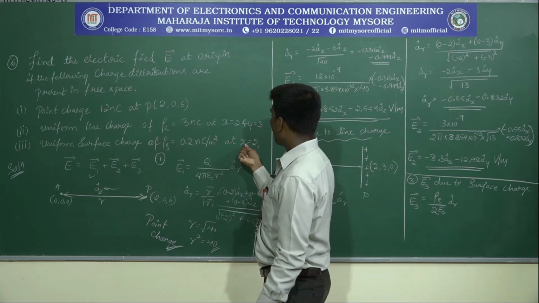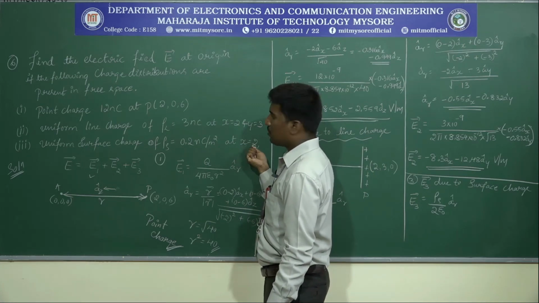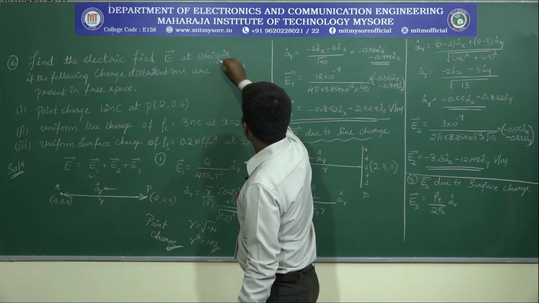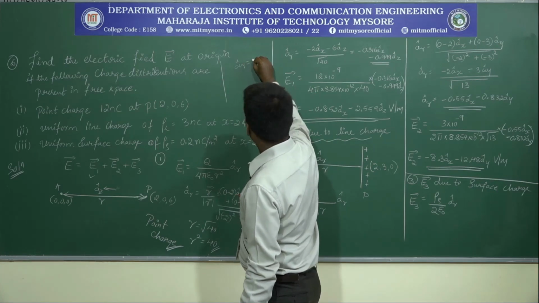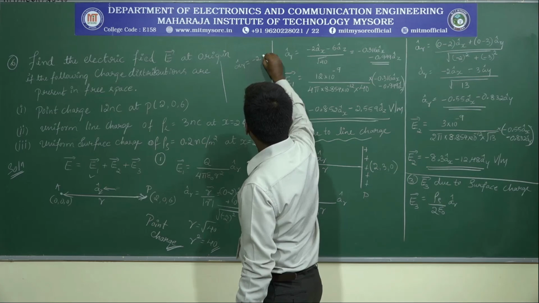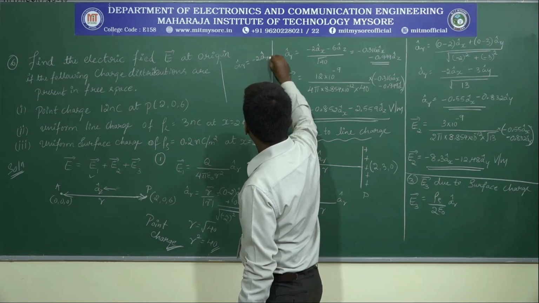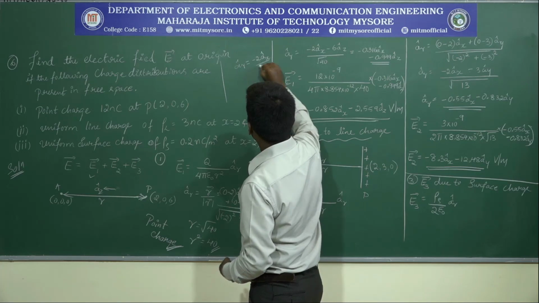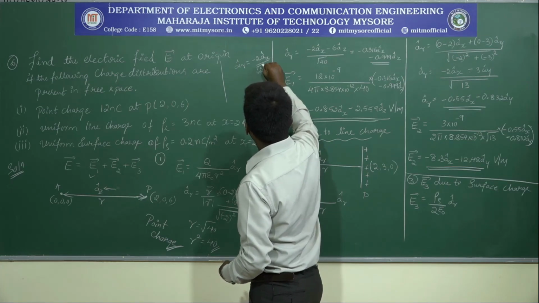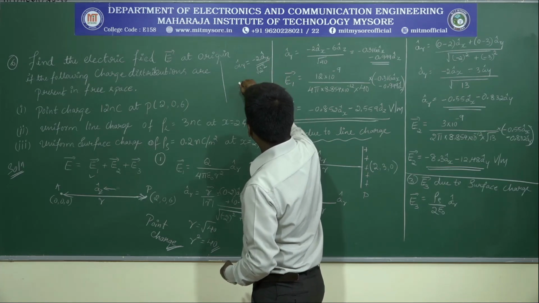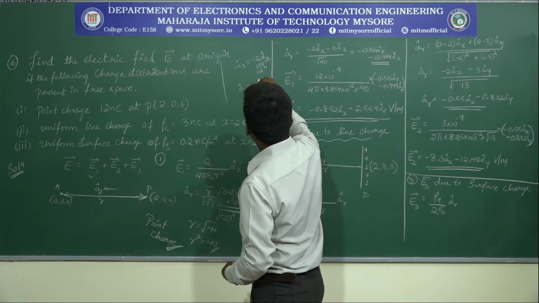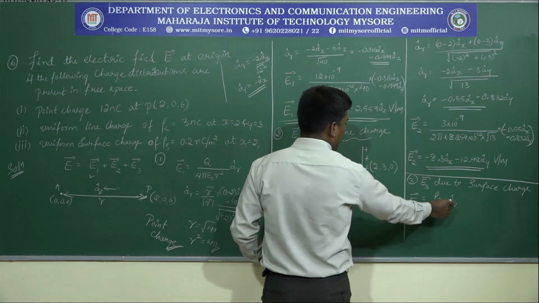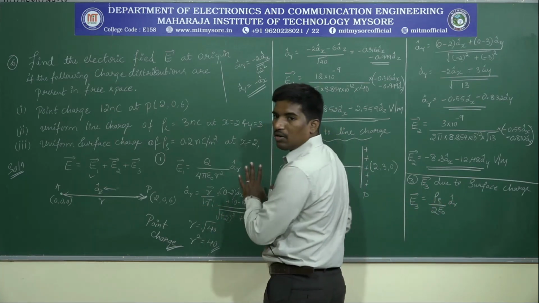So what is a cap r? Since they have given only x is equal to 0, what is a cap r for this particular thing? a cap r is equal to minus 2 a cap x divided by the square root of 2 square, that means 2. a cap r is equal to minus a cap x for this particular thing. Substitute here. Rho S is given, epsilon naught is given.